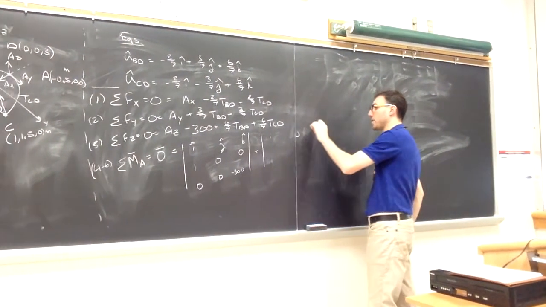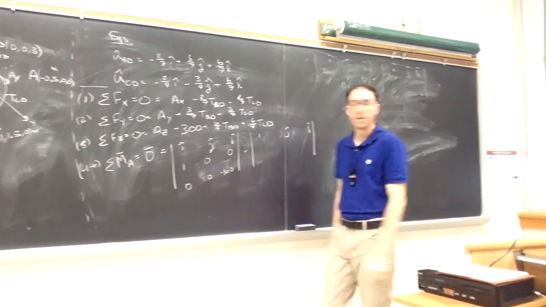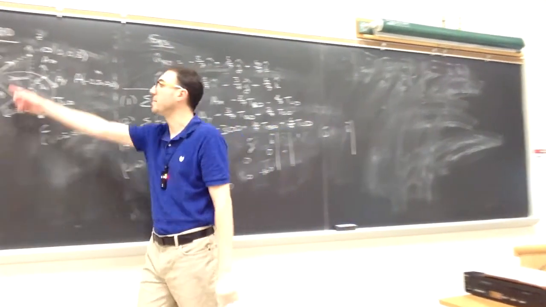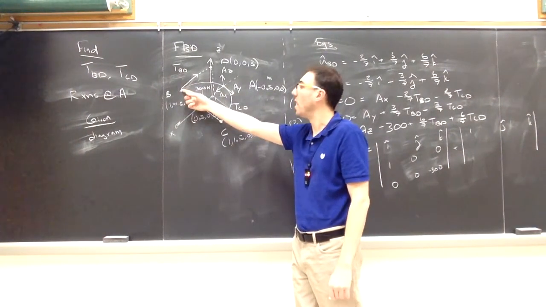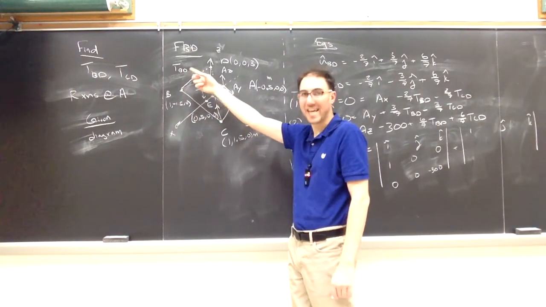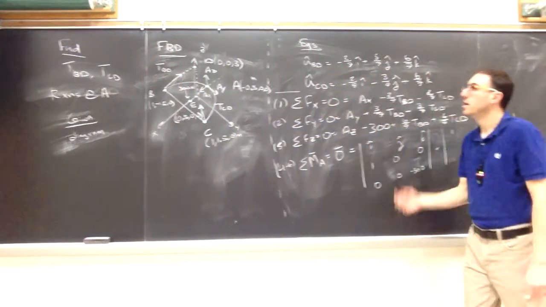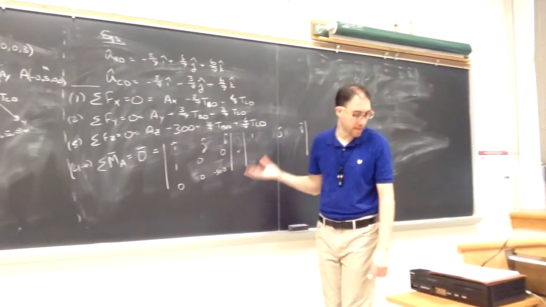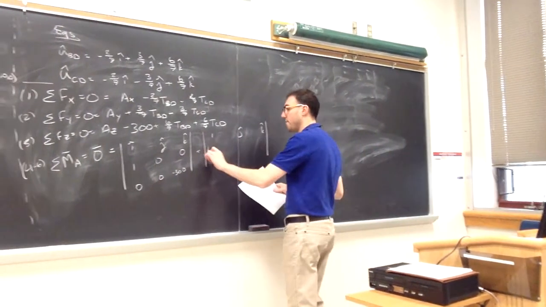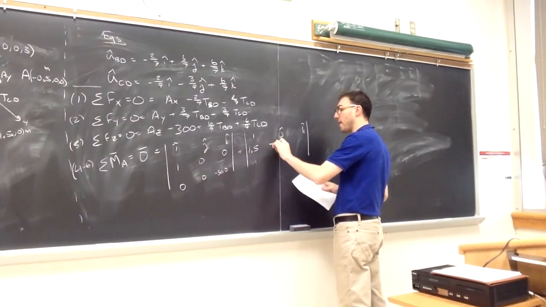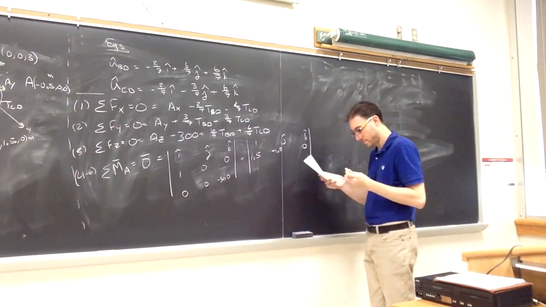I add to that the cross product from the vector. I'll do TBD next. So I have to use RAB cross TBD. The position vector, the coordinate of B minus the coordinate of A, is going to be 1.5, negative 1.5, 0.